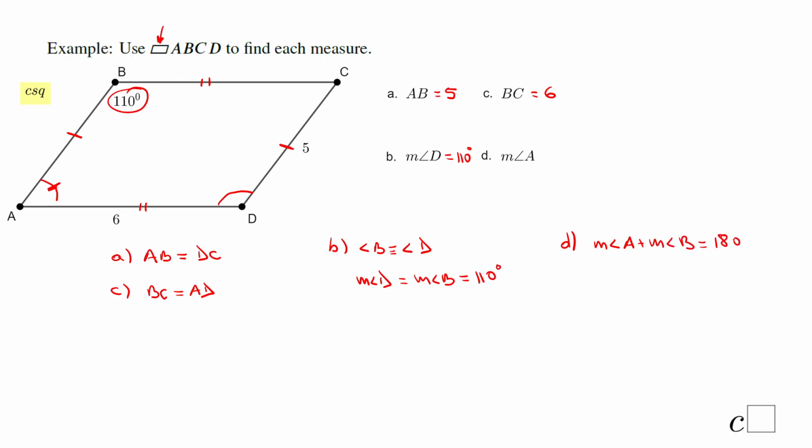Consecutive angles in a parallelogram are supplementary. So the measure of angle A plus 110 equals 180. I'm going to subtract 110 and I end up with the measure of angle A is 70 degrees.